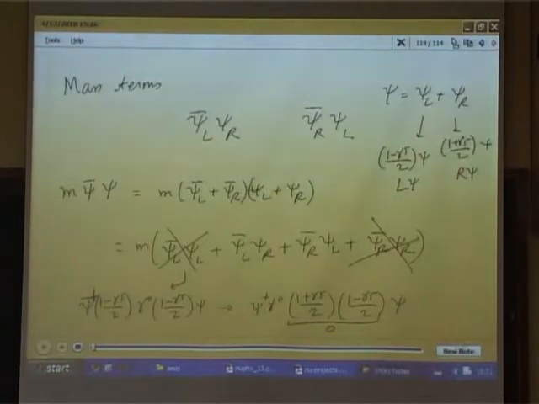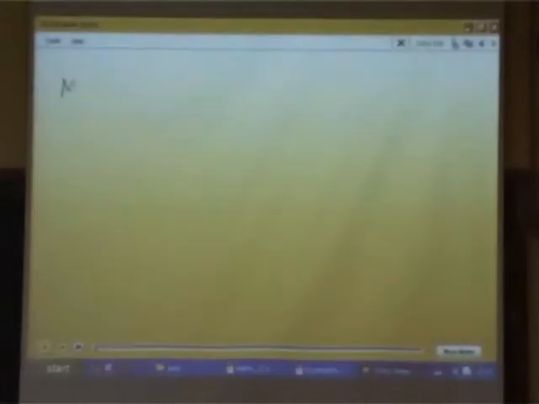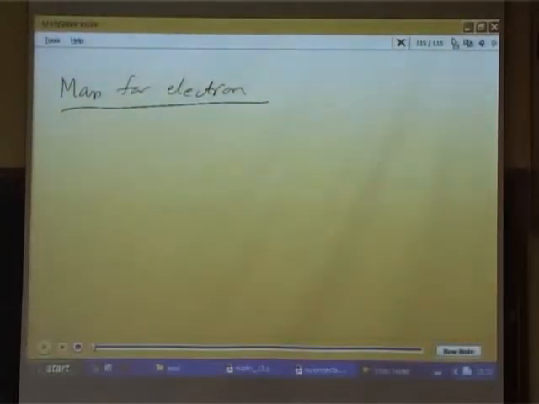So let's calculate the mass for the electron.